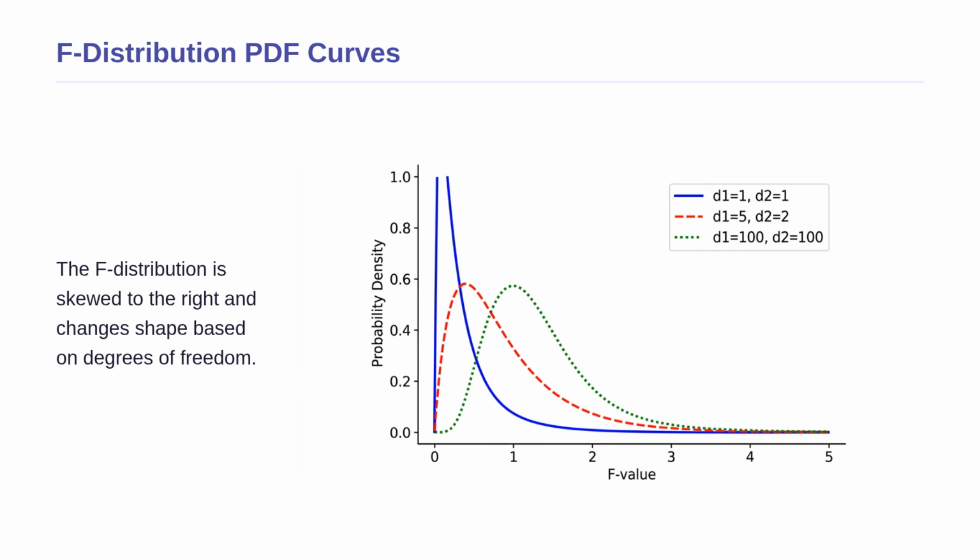You can clearly see the long right tail we mentioned earlier, showing that extremely large variances are rare. The shape of the curve changes dramatically depending on the degrees of freedom. As the degrees of freedom increase, the curve becomes tighter and starts to look a bit more symmetric, peaking closer to an F value of 1.